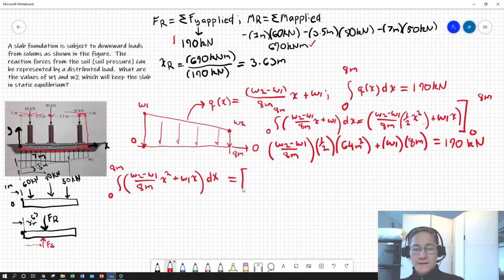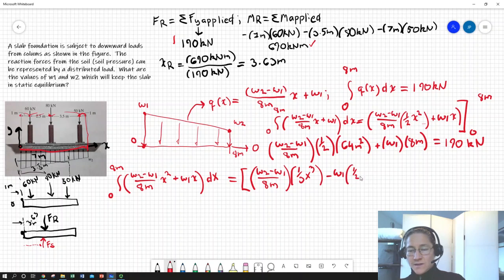So I evaluate that integral, and I got the same constant out here, W2 minus W1 over 8 meters. And this time I'm going to integrate x squared, and I'm going to get 1/3 x to the third, minus W1 times 1/2 x squared, which is the integral of x with respect to x.